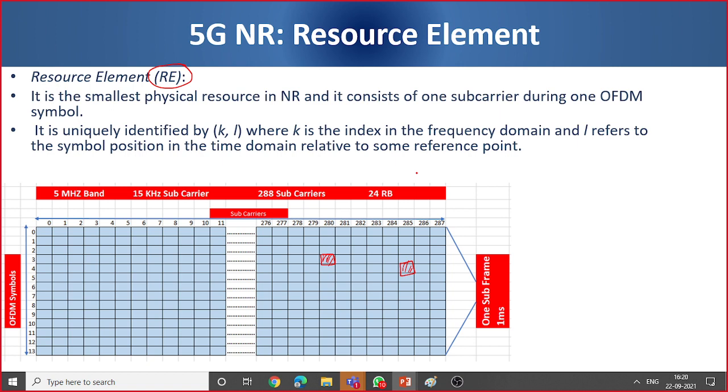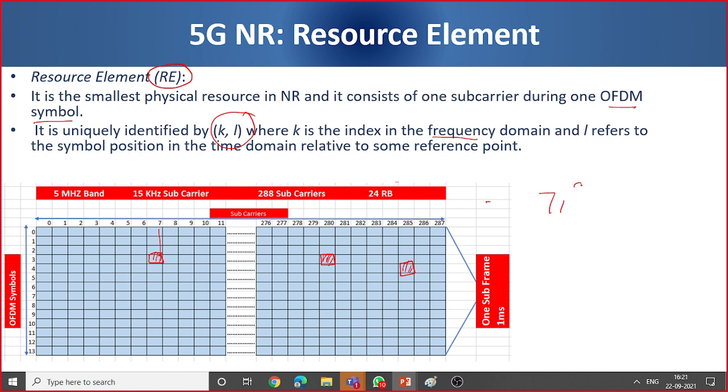It consists of one subcarrier during one OFDM symbol duration. This grid you can define with K and L. K represents the frequency index and L represents the symbol. Suppose K is the 7th subcarrier and L is the 3rd symbol.